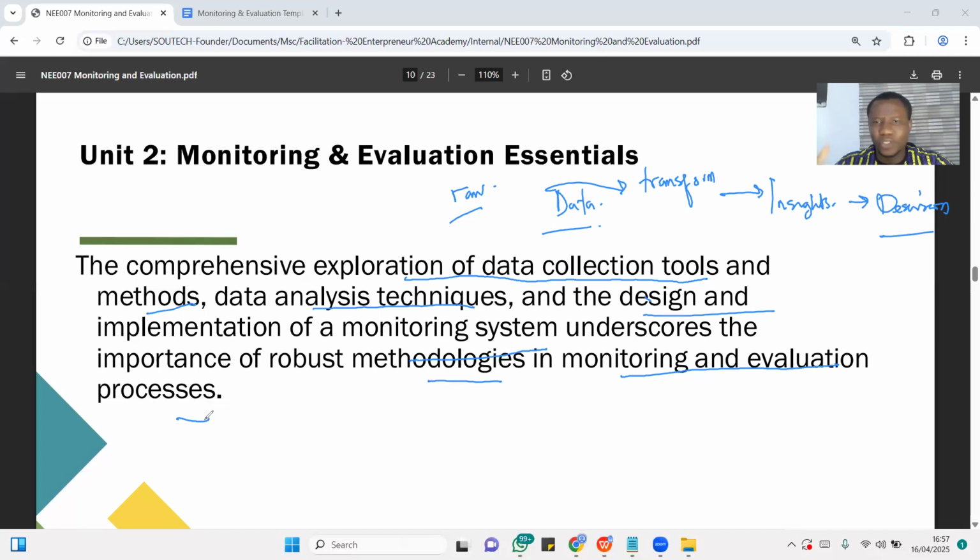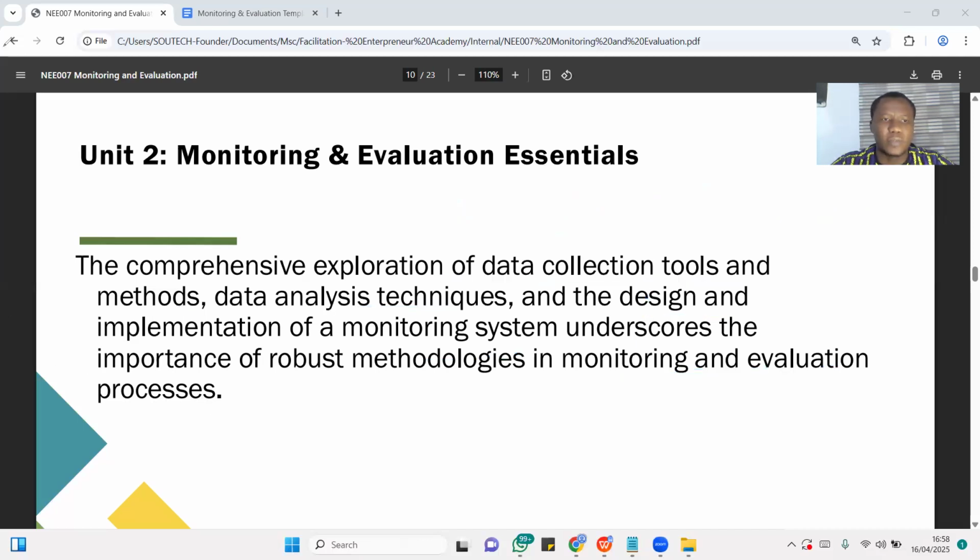You cannot say you're monitoring something without actually getting sufficient data to transform that data, to have some kind of knowledge based on that data so that you can make better decisions as business leaders, as project managers, as entrepreneurs, right? So we're going to be looking at quite a lot of this stuff subsequently.